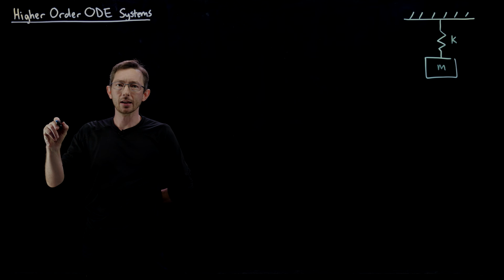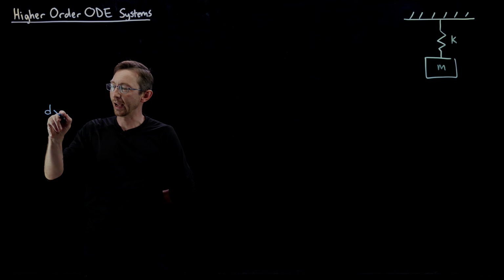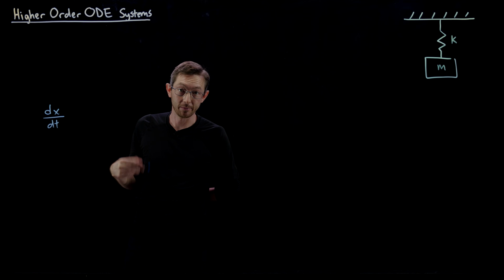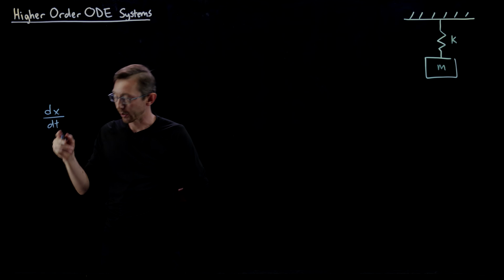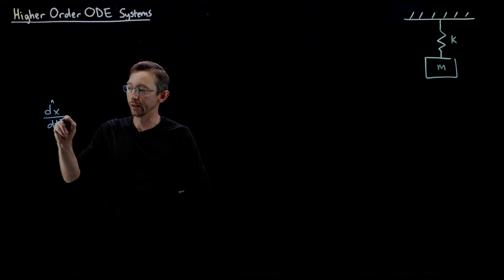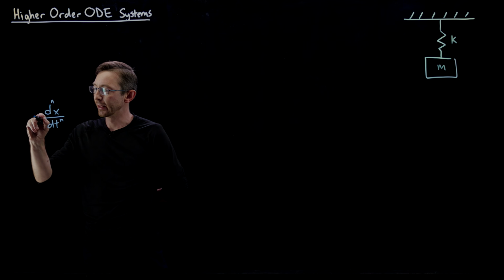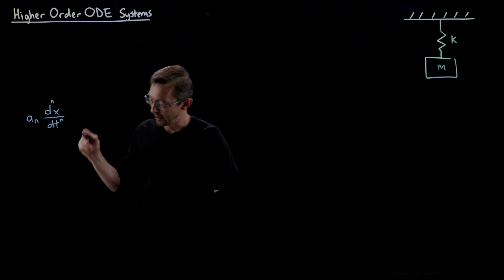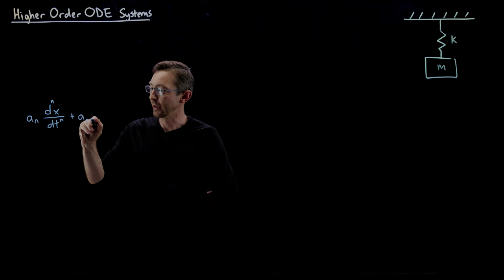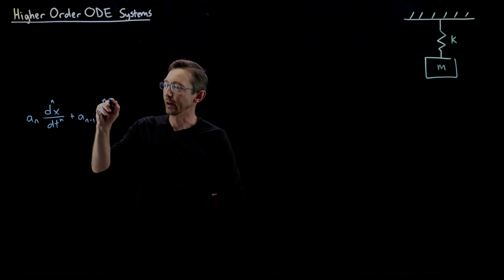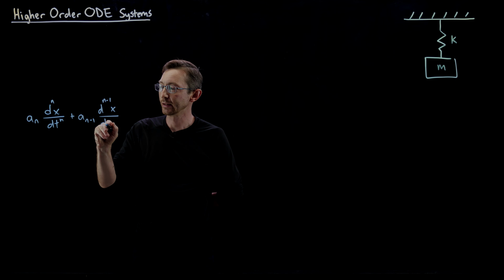So we're thinking about having dx/dt, that's just the first derivative of the state of my system with respect to time. But now we're going to talk about taking the nth derivative of the state of the system with respect to time. Maybe that'll have some coefficient a_n, plus a_(n-1), the (n-1)th derivative of x with respect to t.